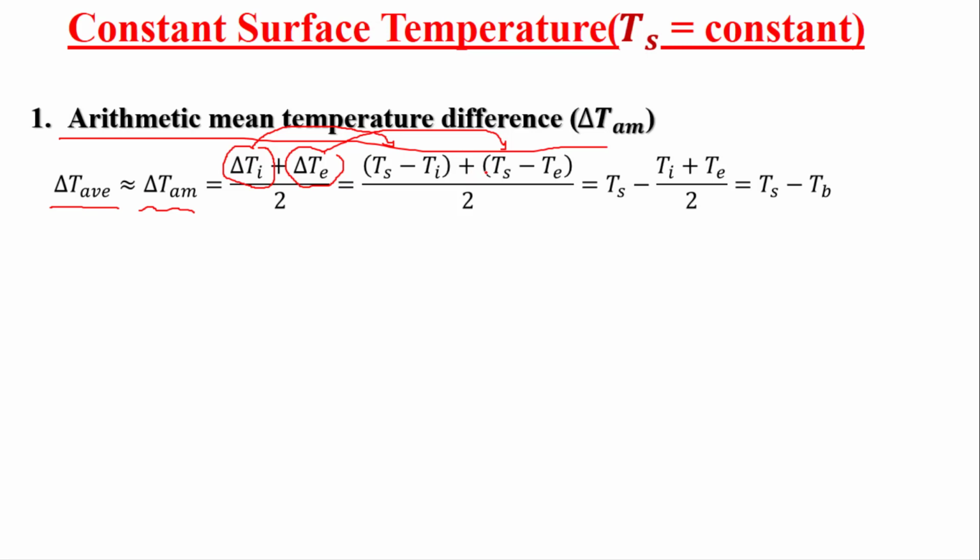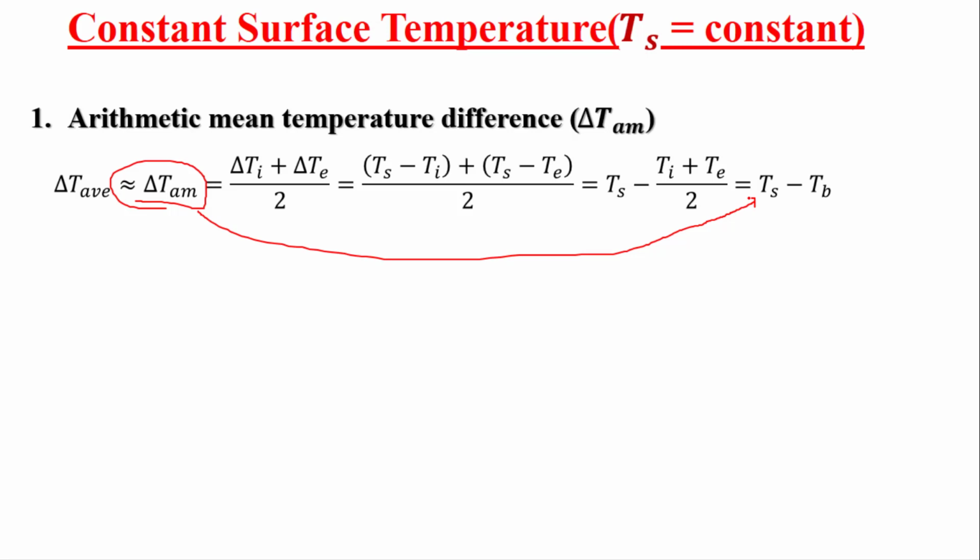Here we have 2Ts divided by 2, so the 2 will cancel out, and we end up with Ts minus, taking minus as a common factor, T inlet plus T exit over 2. If you remember, when we started this chapter, we called this amount T bulk. So delta T arithmetic mean is equal to T surface minus T bulk.